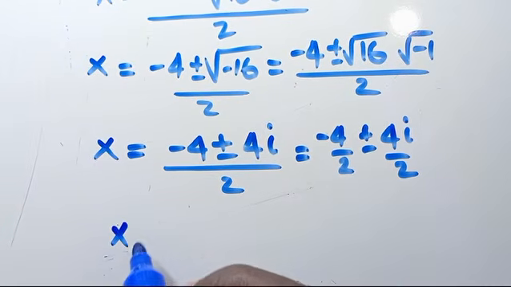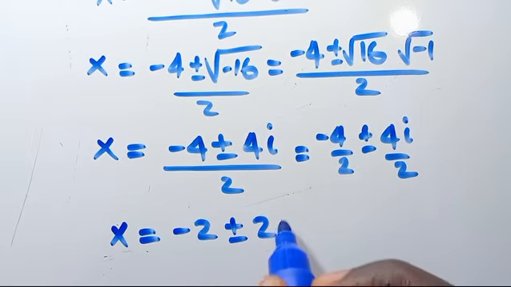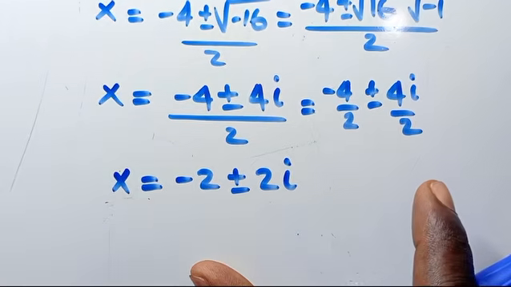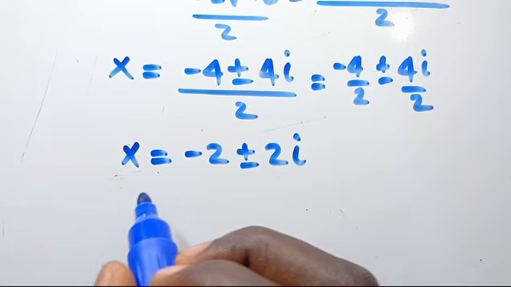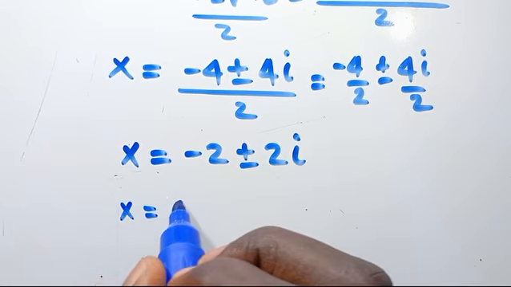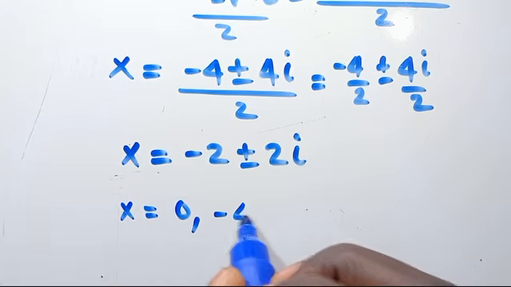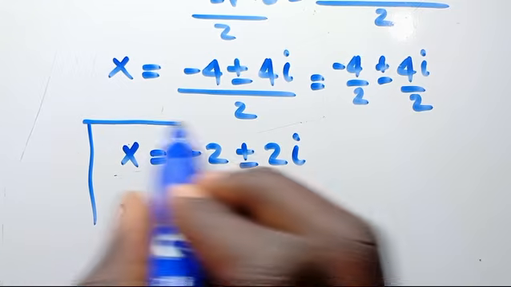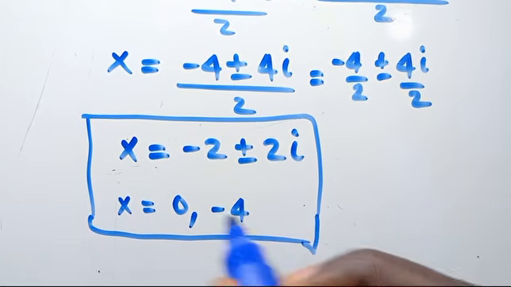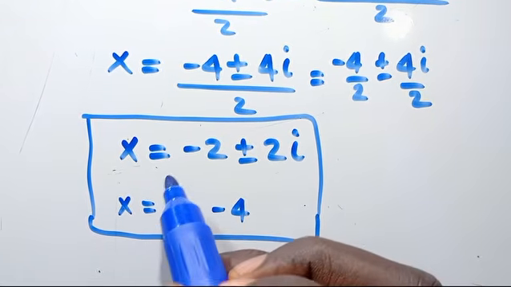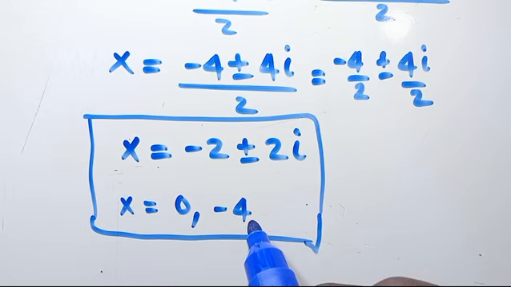So x equals minus 2, positive or negative, 2i. So this happens to be our complex solution, where we have two real solutions, x equals 0 and x equals minus 4. So we have 4 possible solutions, because these are the first and the second, while this one is the third and the fourth.